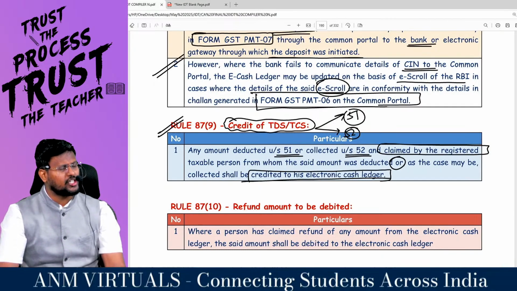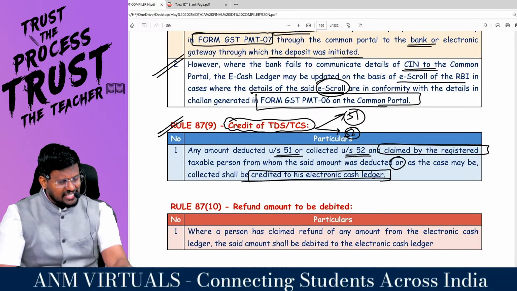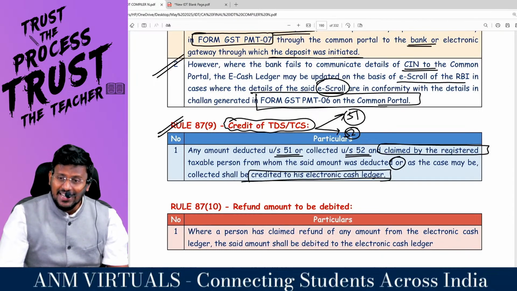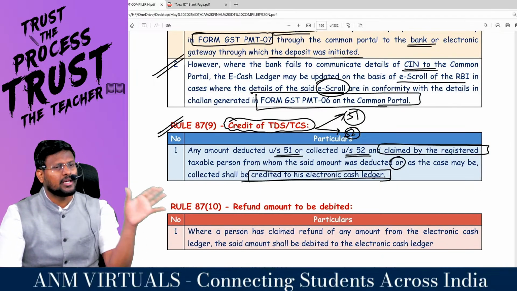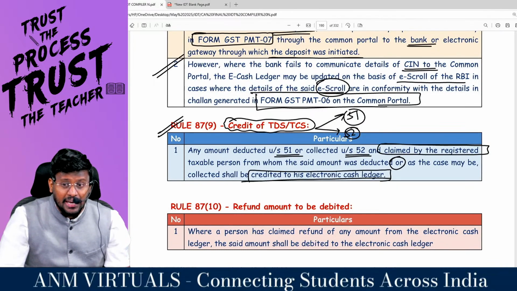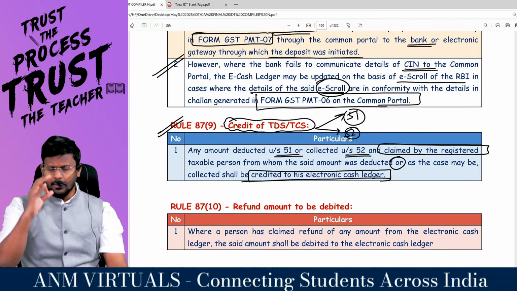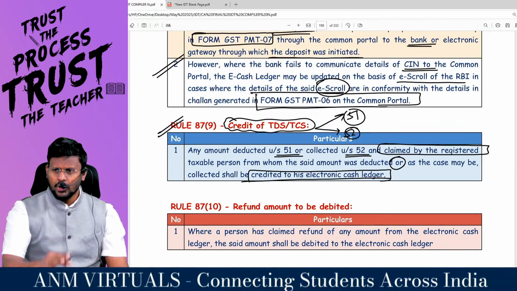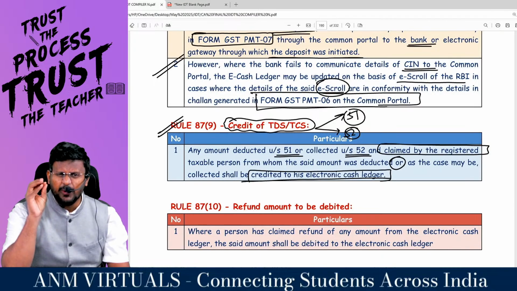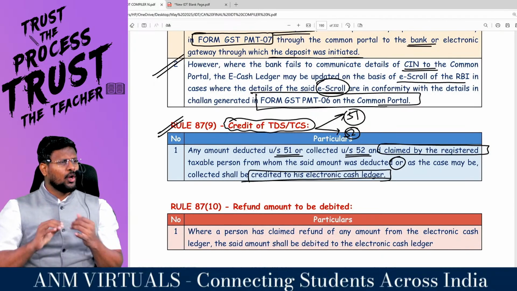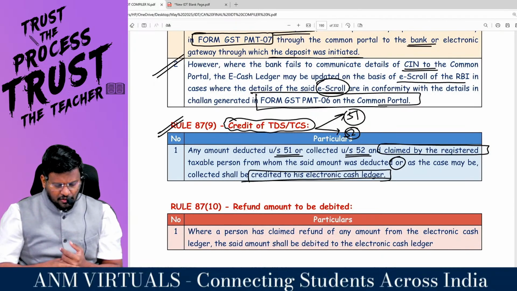Plus TDS deducted under section 51 and TCS collected under section 52. Sir, these three things will come and sit in the credit side of the electronic cash ledger. And by utilizing these three things, you can make the payment of TIPF. What is TIPF? Tax, interest, penalty, fees.